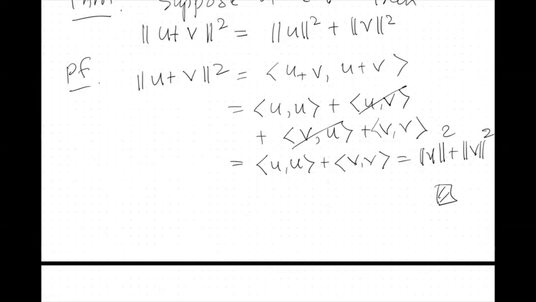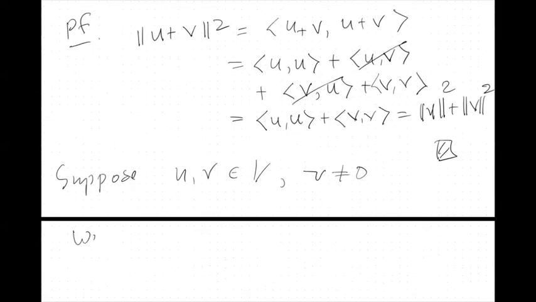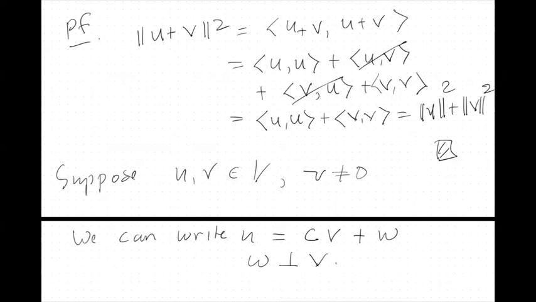So now, suppose you have u and v in the vector space V, and v here is non-zero. We can write u as a scalar multiple of v plus w, where w is perpendicular to v.